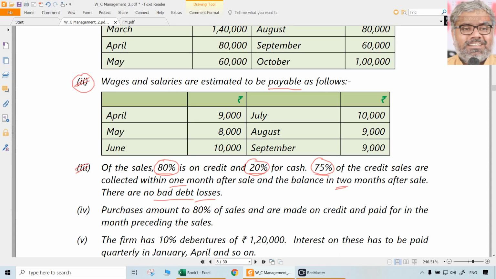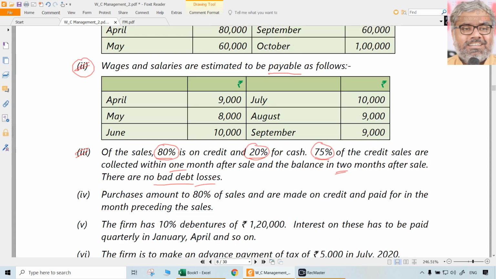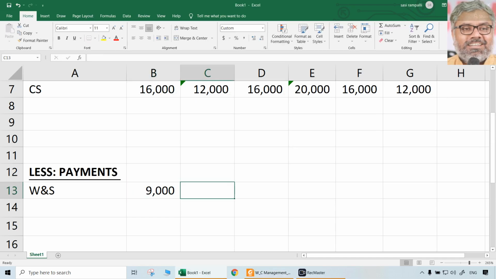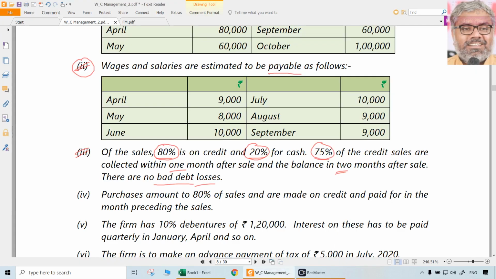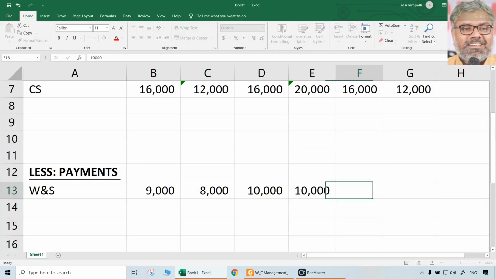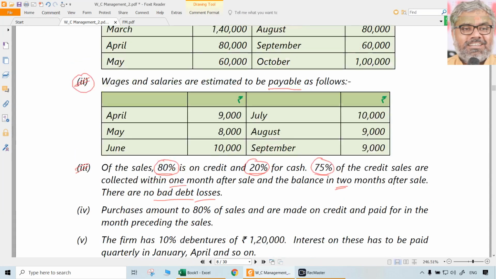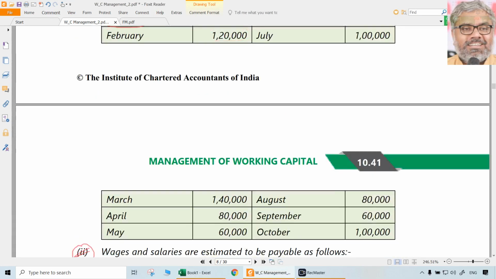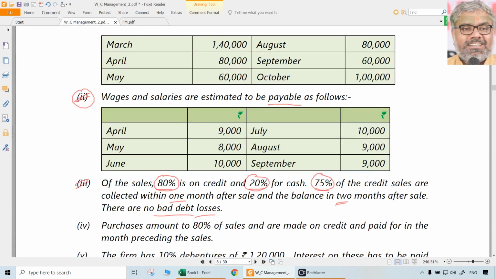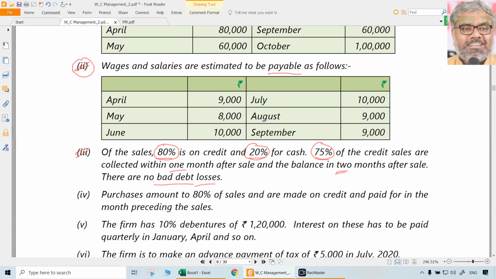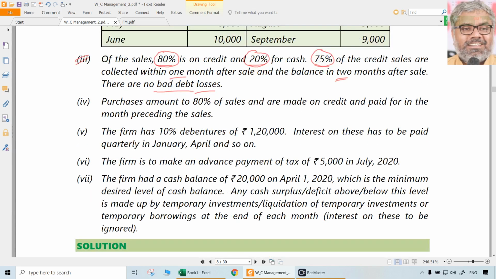So 9,000, 8,000, 10,000, 10,000, 9,000, 9,000. 10,000, 9,000, 9,000. So that is wages and salaries payable. So that one payment is done. Sales we already have taken, and from that sales we have calculated cash sales also. We also calculated collection from debtors also. So far up to point number 3, we have covered everything.